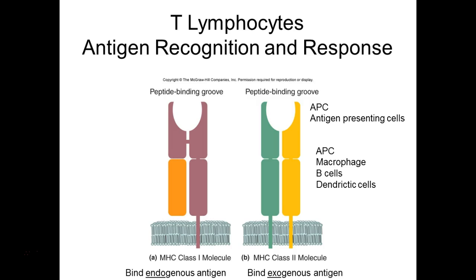So again, all nucleated cells present MHC class 1, and this is so that if anything gets inside of us, we can present it. So remember, what type of T cell do we want to present to? Helper T cell or cytotoxic T cell? Cytotoxic. So in this case, a CD8 T cell, right, is going to communicate with MHC class 1.